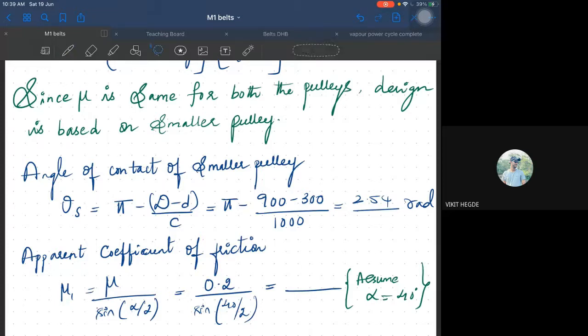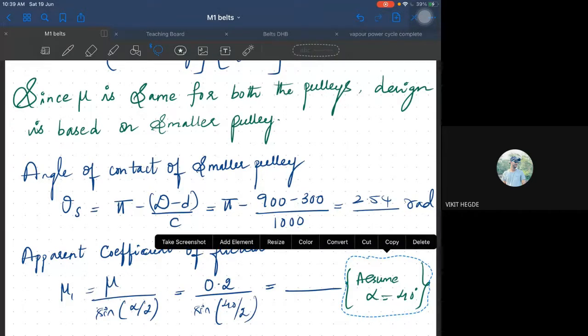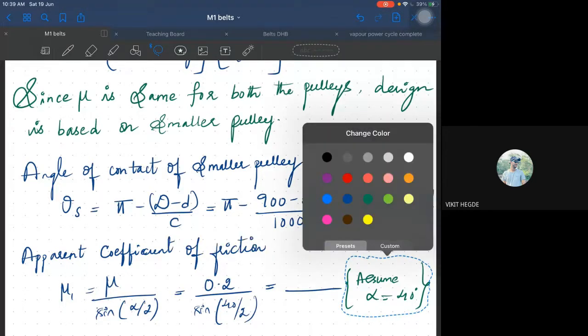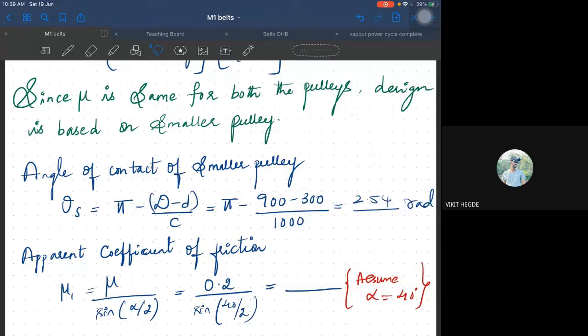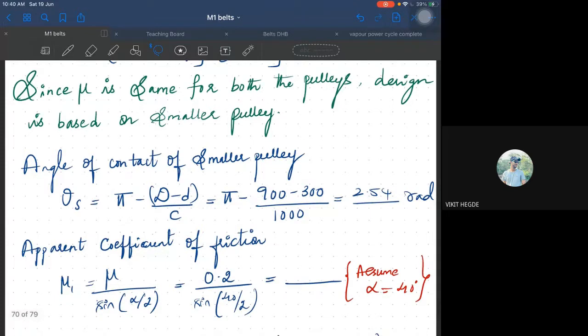If alpha is not specified, how much are you supposed to assume? It is 40 degrees. So please note, if alpha is not specified in the problem, you are supposed to assume 40 degrees. Most of the belts I have seen in the industry all have 40 degrees. It is a common thing we follow.